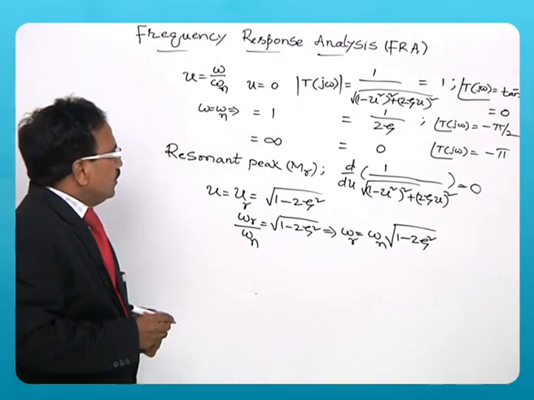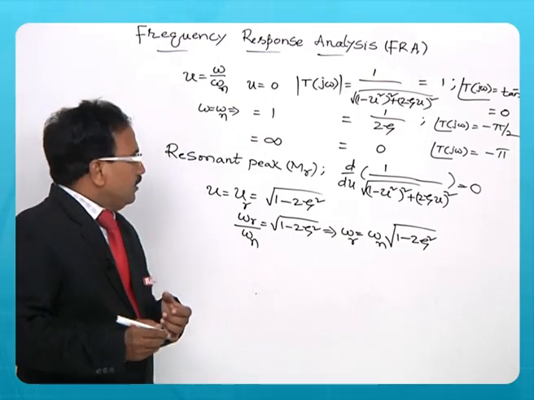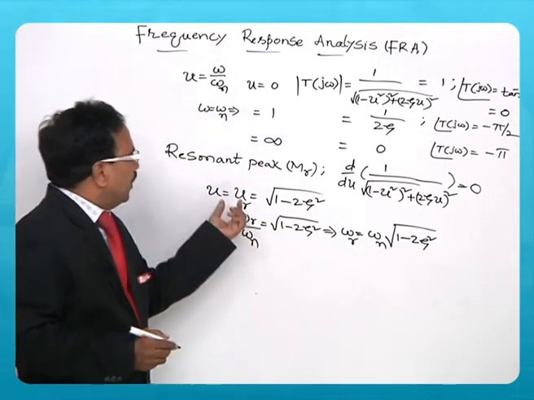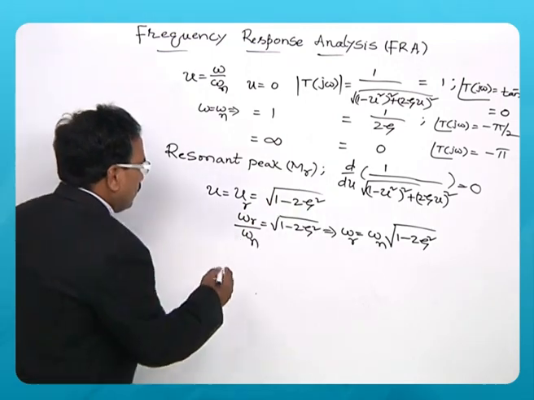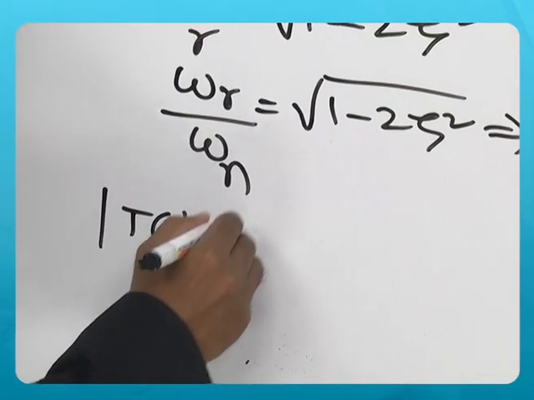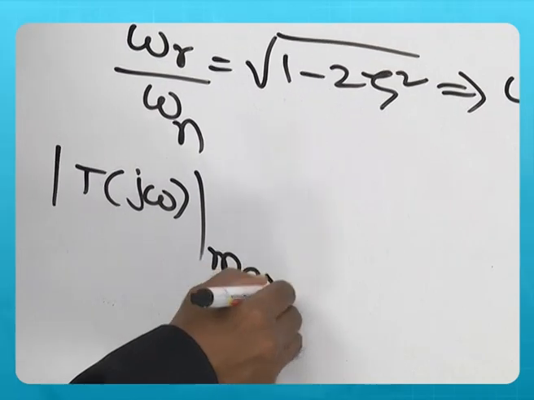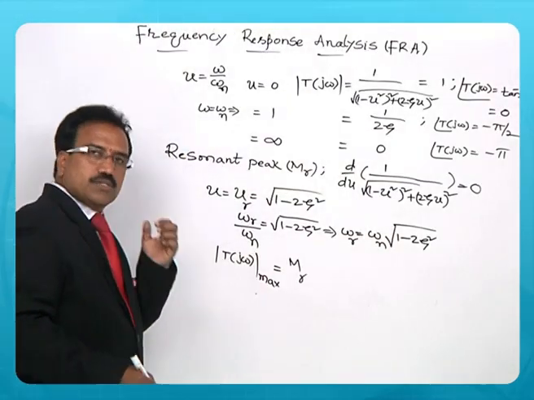The resonant peak can now be obtained by substituting this omega r or u r value in the magnitude expression. So I can say that the maximum magnitude of the function is nothing but M r. This is nothing but the resonant peak.